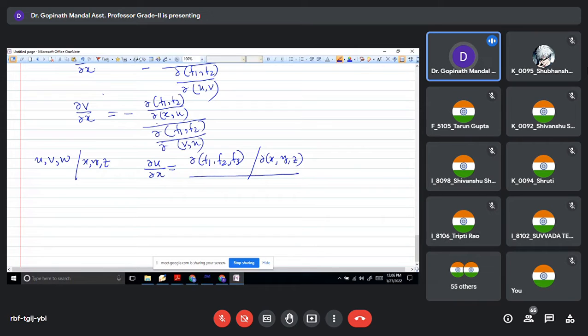First we find del u, del x, del y, del z. The numerator is del f1 f2 f3 with respect to x, v, w, and the denominator is with respect to u, v, w.